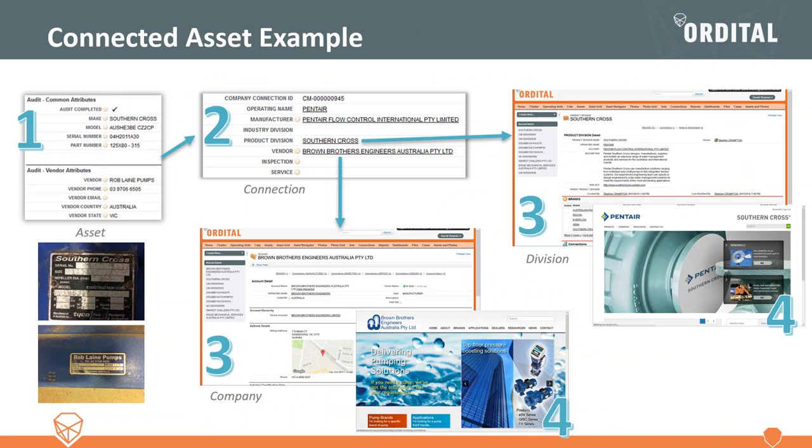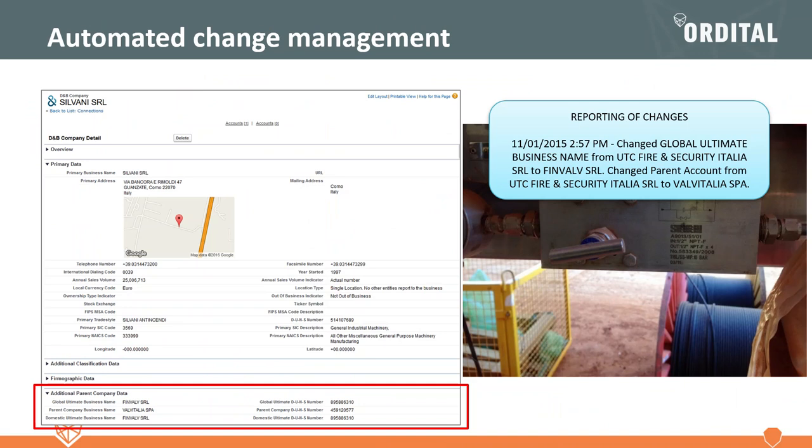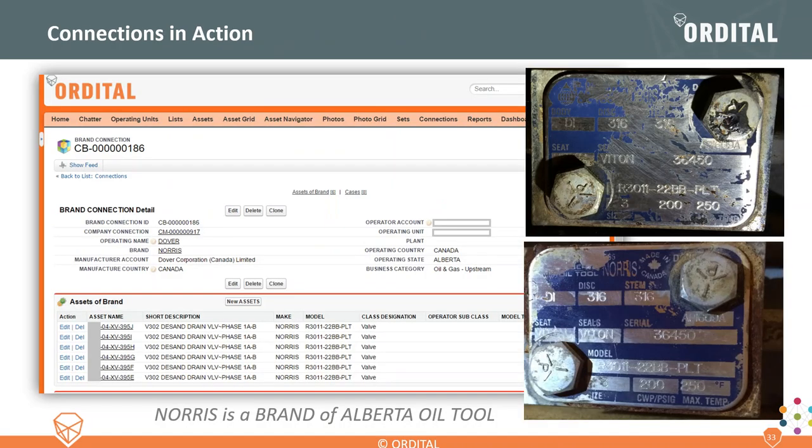So the way we send that out, we can then do a report. In this case here, reporting on a particular change where I can see that UTC's disposed of this particular valve company and an Italian valve company's purchased it. Another example with some Canadian devices from Dover, you can see a good example of some of the damaged nameplates that we typically deal with.